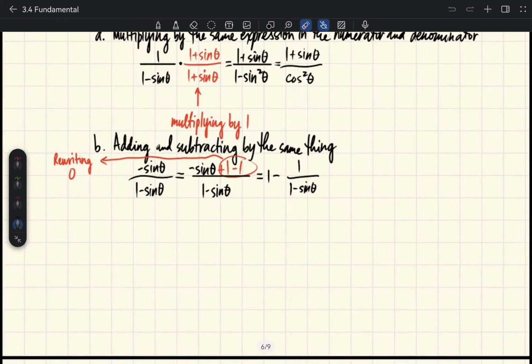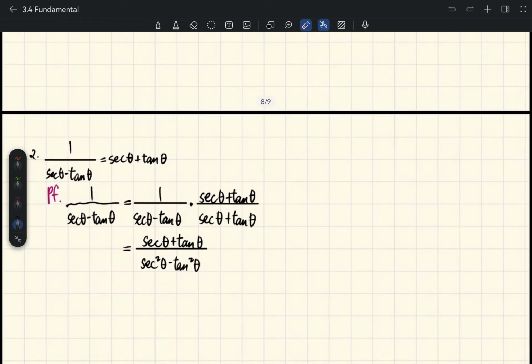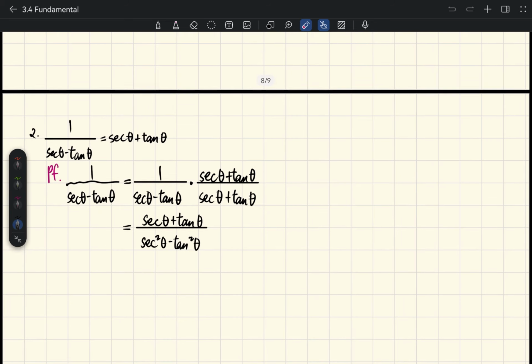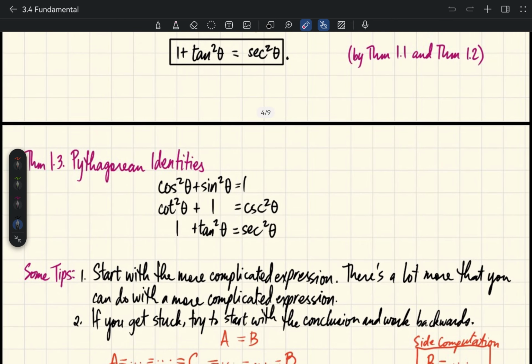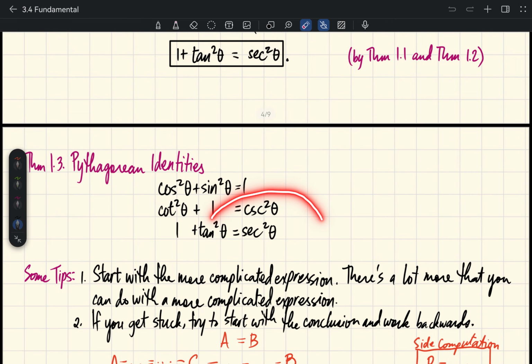So, what's our expression currently? We have secant squared theta minus tangent squared theta. And observe that if you move tangent squared theta on the other side, we get secant squared theta minus tangent squared theta, and in the other side, what's left is 1.